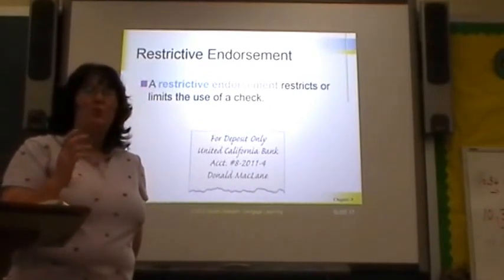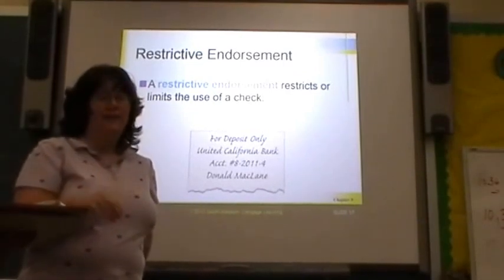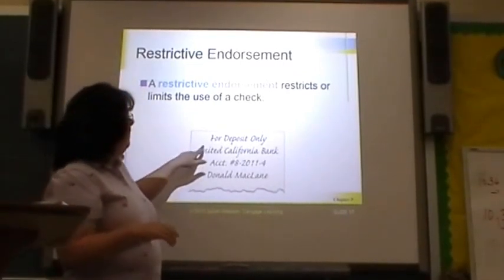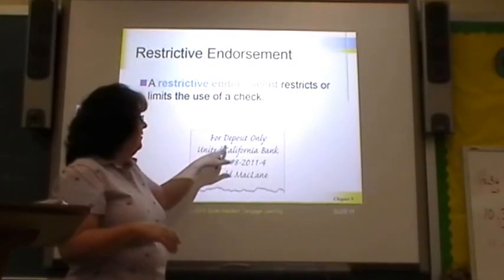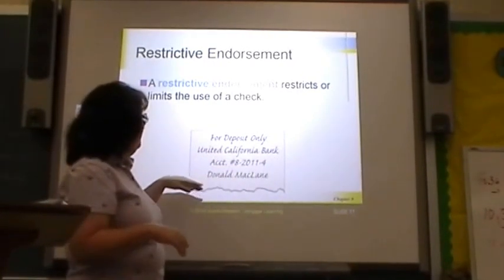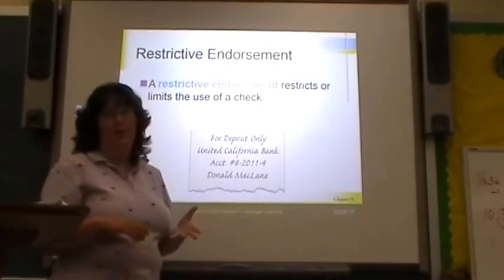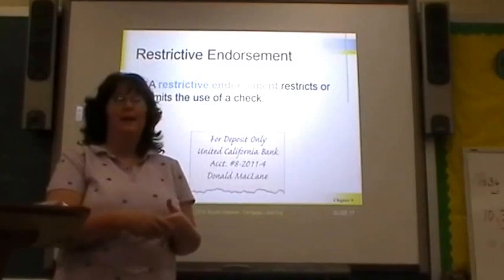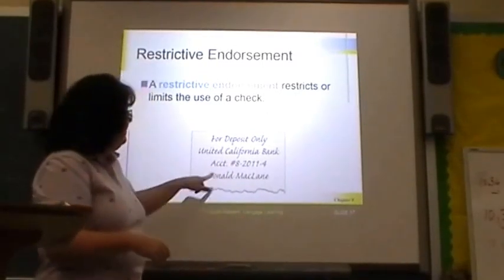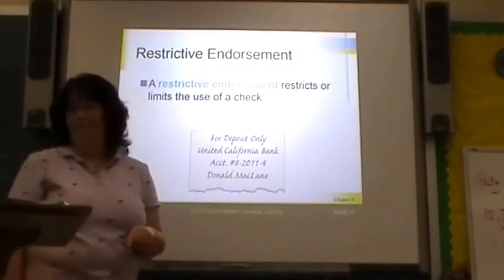You want to make sure that they all go in the church's account. So this might be what you want to write: for deposit only, United Methodist Church, and you can put the account number on there and sign it in that way, so that every bit of the funds can be demanded to go into a certain account number.